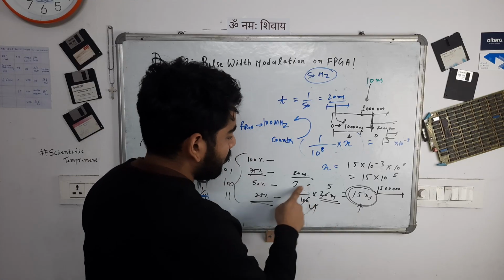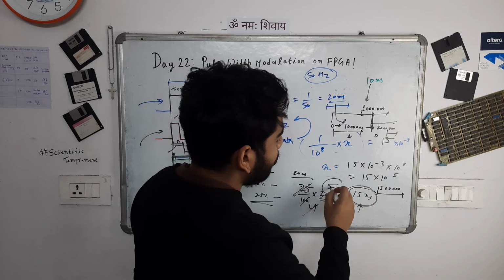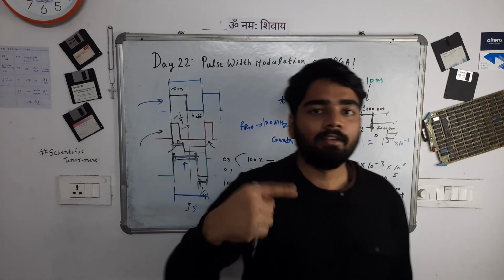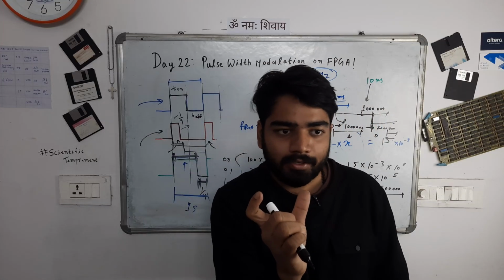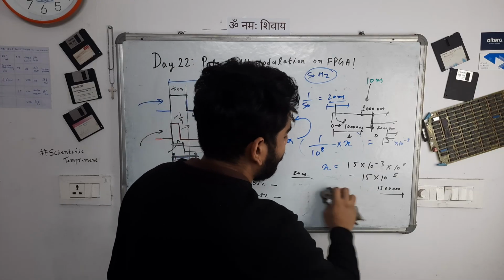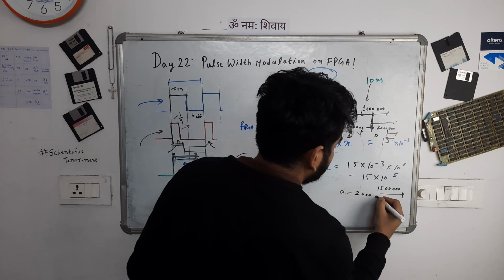Okay, we'll have this 25 over here, which means it will be high for only 5 milliseconds, and we can again plug this in here and get the output of how many clock cycles the counter will count until it has passed 5 milliseconds. Otherwise, what you can simply do is, you already know that the counter goes from 0 to 2 million, right?